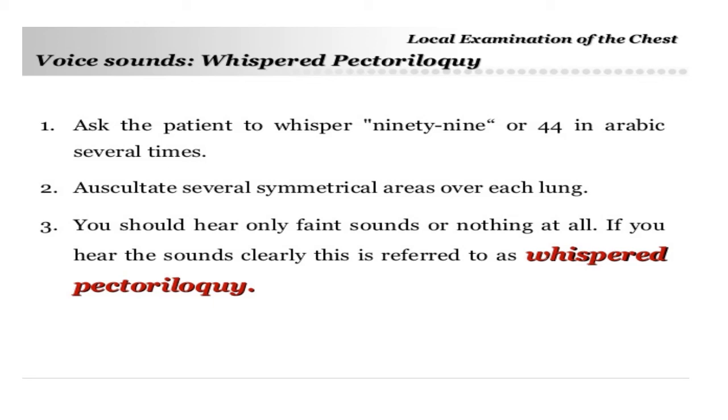If you hear the sounds clearly, that is whispering pectoriloquy. You will ask the patient to whisper 99, or any other word like 44. On auscultation, if you hear clearly, it means that whispering pectoriloquy is positive.